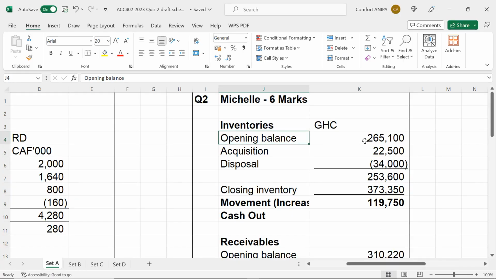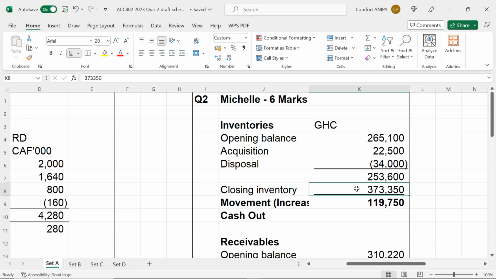Let's look at this in the Excel. So this is your opening inventory, your acquisition inventory, your disposal, which will reduce the inventory. And so this is your total before the closing balance. And this is 253,600.